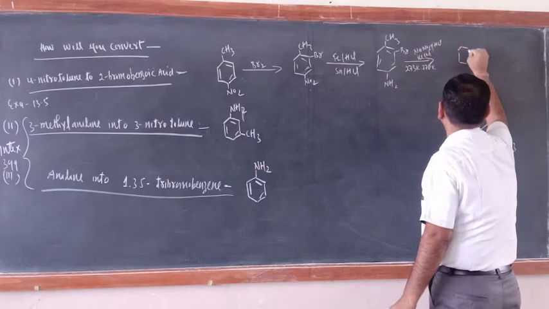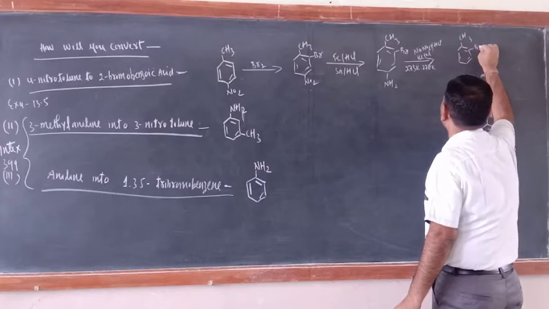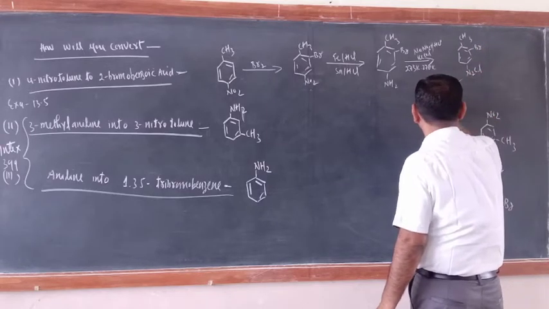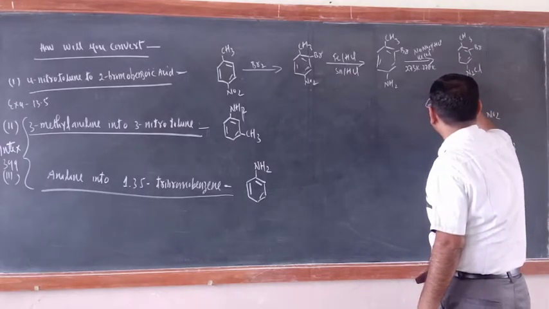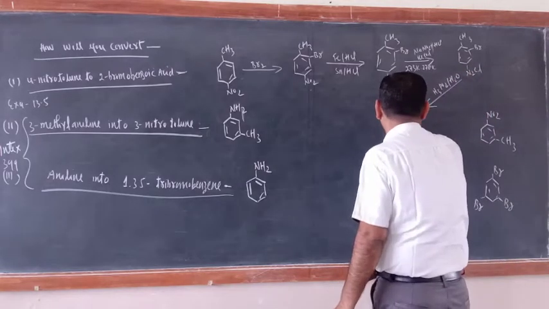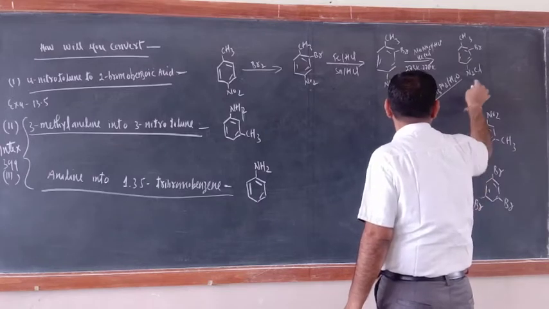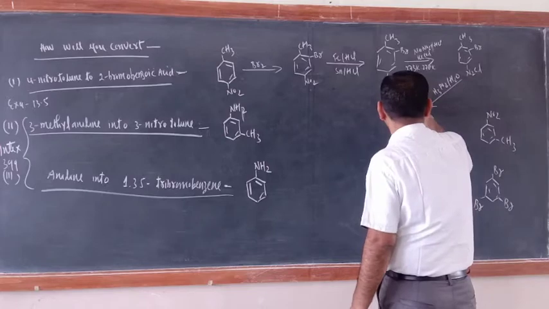You will get CH3 only, Br only, and here you will get N2Cl. Now for N2Cl, write down here H3PO2 and H2O. So here you will have only the benzene ring, N2Cl will go. Now here Br is there and here CH3 is there.